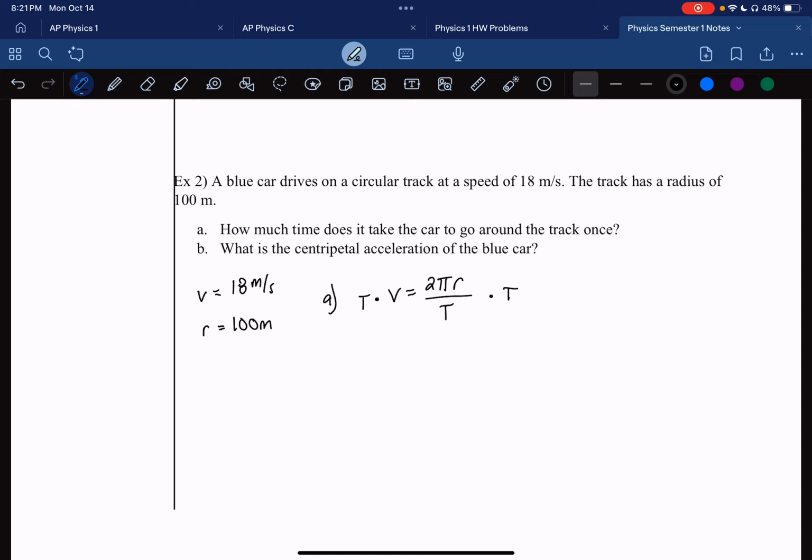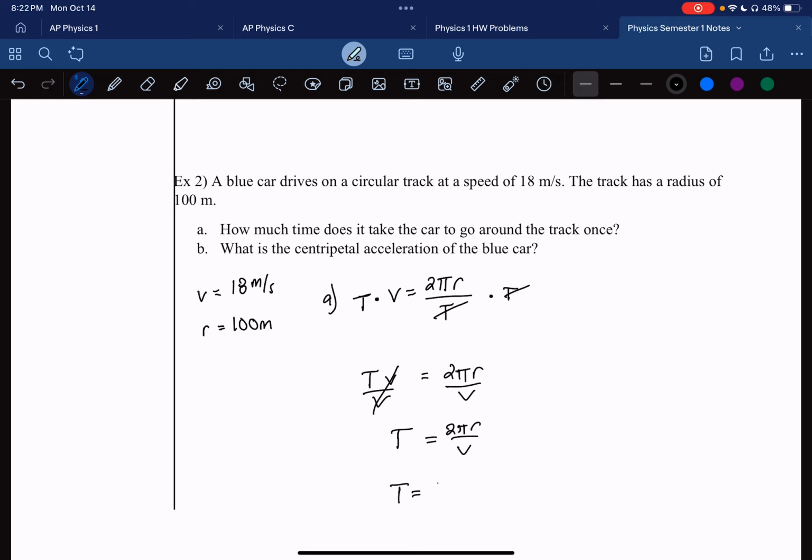So we get t times v is 2 pi r t over t, but t over t cancels, of course, so we just have 2 pi r. And if we want to isolate t, we'll just divide by the v on both sides. That one will cancel, so t equals 2 pi r over v. If you notice, the v and the t just switched places. But it's good to show your work here.